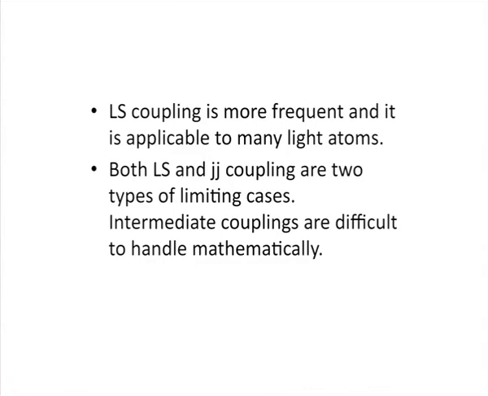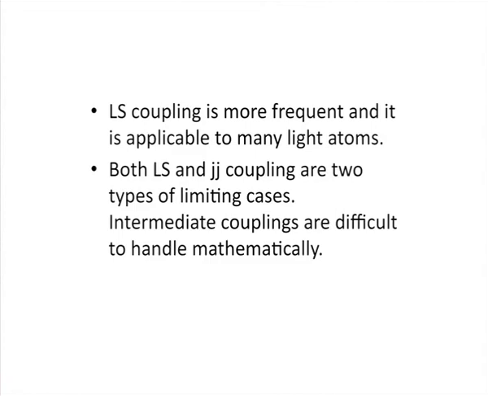We take two extreme cases. In one extreme case, we have LS coupling. In LS coupling, what we saw was that HER term was large and HSO term was small. In the JJ coupling, we took the other limit where spin orbit coupling was large and HER was small.